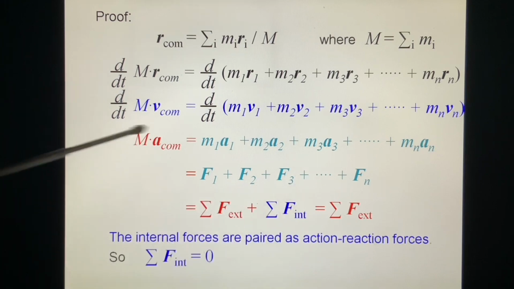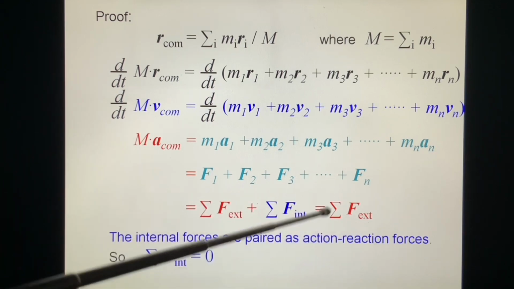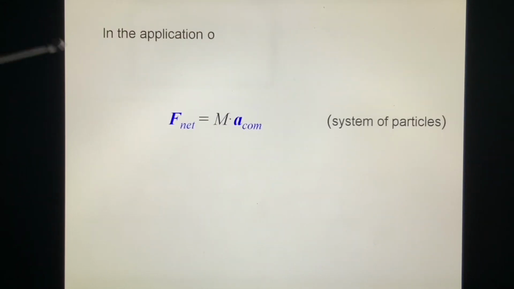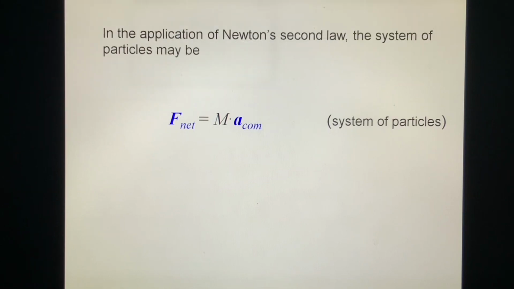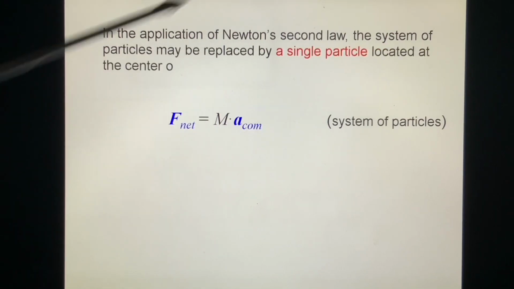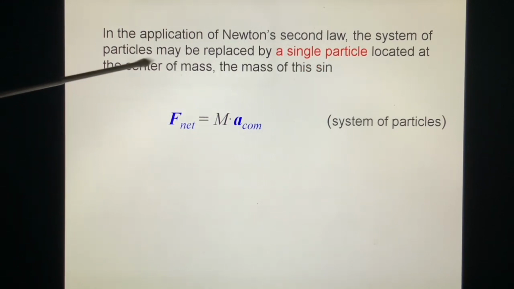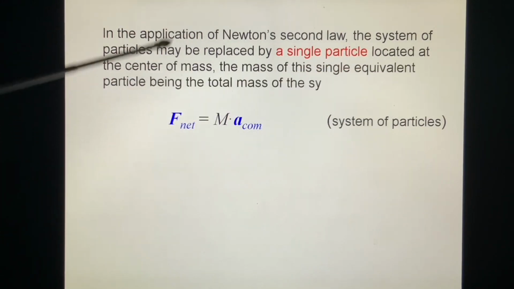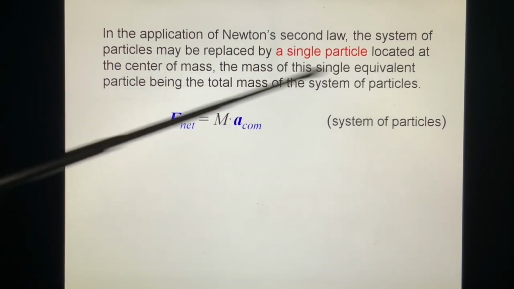So we get sigma F external equal to M a_com. This is Newton's second law for a system of particles. In the application of Newton's second law, the system of particles may be replaced by a single particle located at the center of mass, the mass of this single equivalent particle being the total mass of the system.